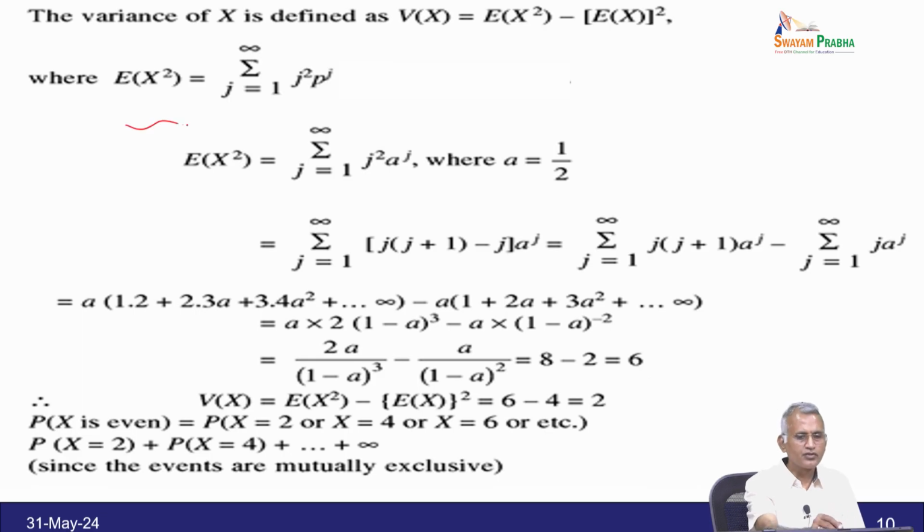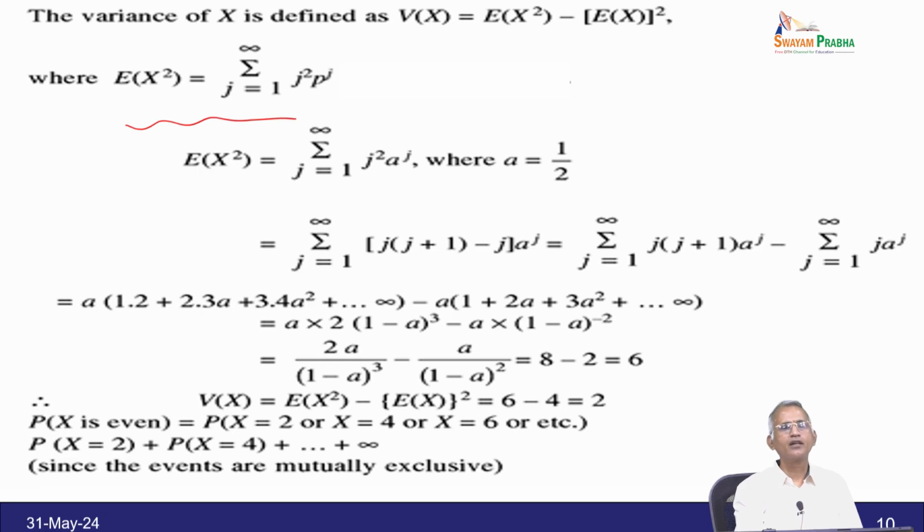minus, that is, variance of x is E of x square minus E of x the whole square. So, E of x square is nothing but summation j equal to 1 to infinity j square into pj, which is j square into a power j, where a equal to half. Now, j varies from 1 to infinity. Therefore, it becomes j into j plus 1 minus j.